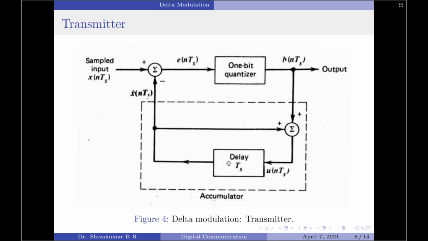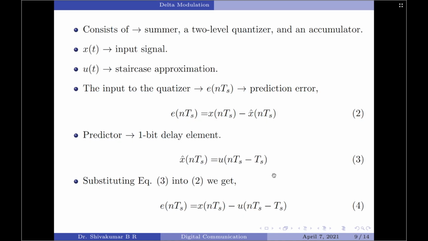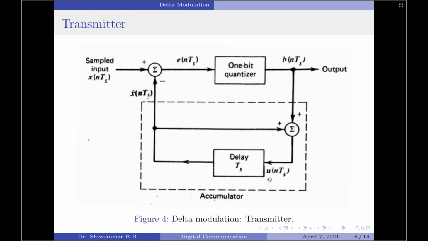Coming back, as I already said, the predictor here is nothing but a 1-bit delay element. So the output of the predictor can be written as the input of the predictor delayed by 1-bit interval. This in fact is given by the equation as x cap(nTs), which is the output of the predictor, is equal to, look back, the input of the predictor is u(nTs) and there is a 1-bit delay here.